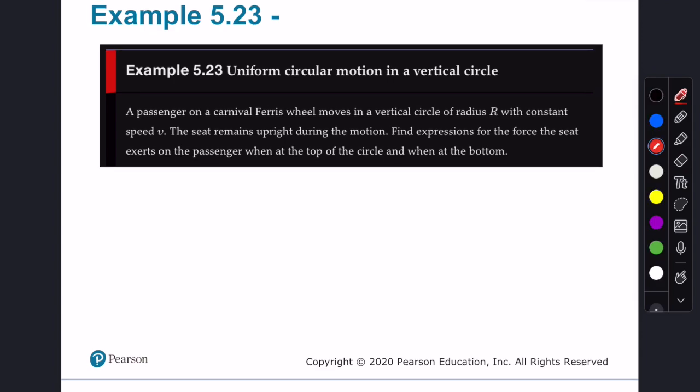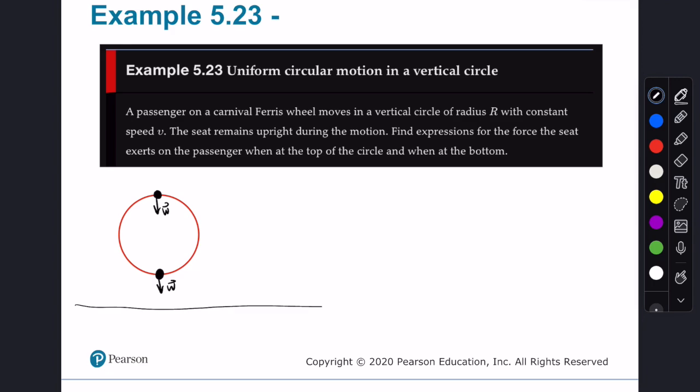So if I draw my little Ferris wheel here, and we're at the top of the Ferris wheel, okay, and then we're at the bottom of the Ferris wheel. Those are our two positions. So we're going to draw two free body diagrams, one at the top and one at the bottom. When we're at the top of the Ferris wheel, well, in both cases, our weight's always going to point down towards the center of the earth, right? Because here's the earth. And recall that the centripetal force is always going to be center seeking, right?